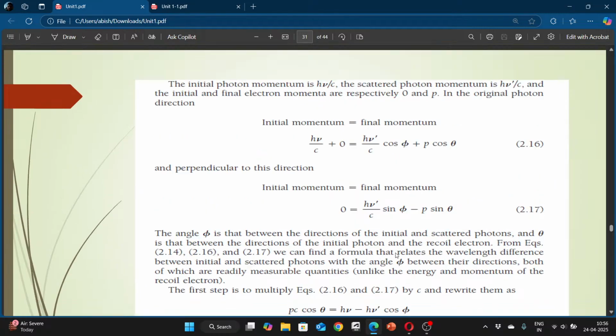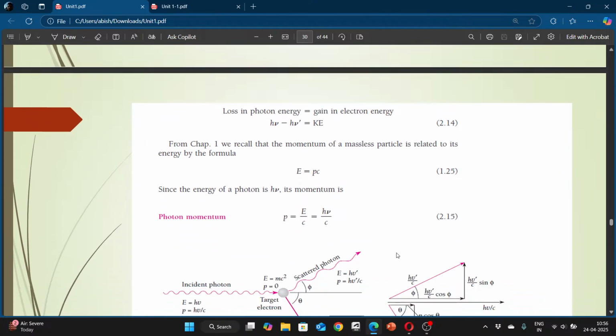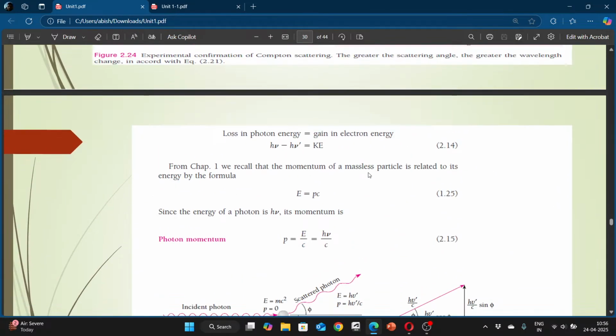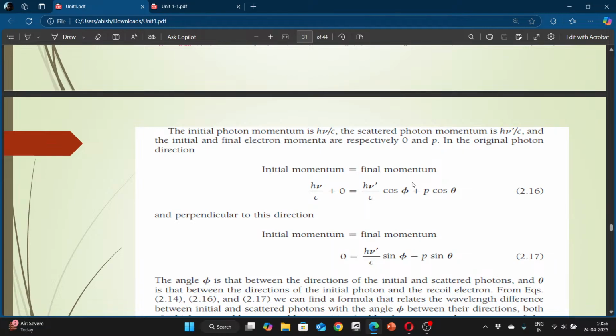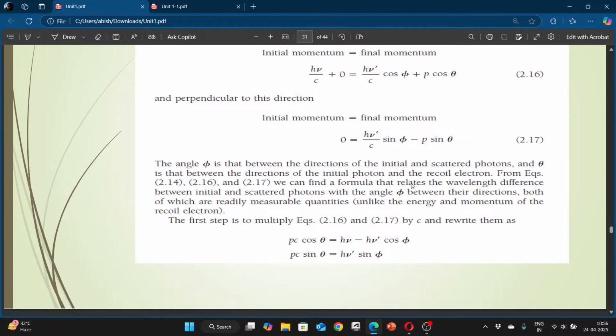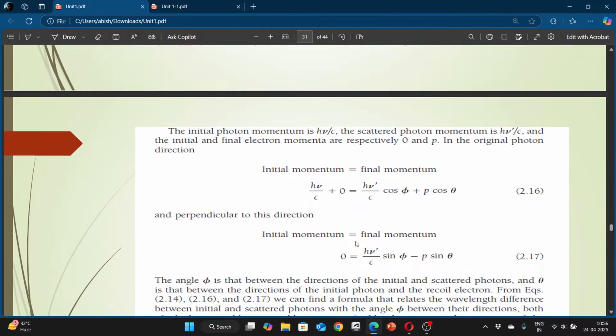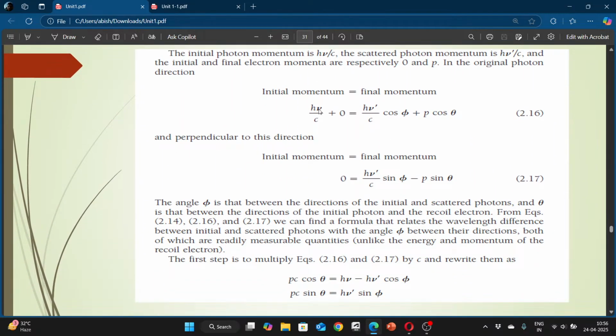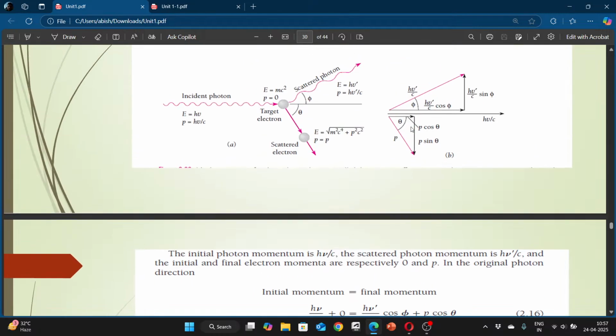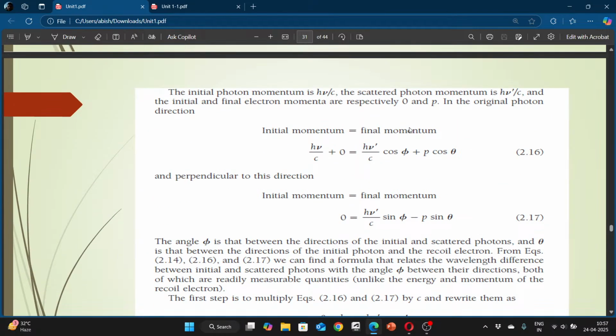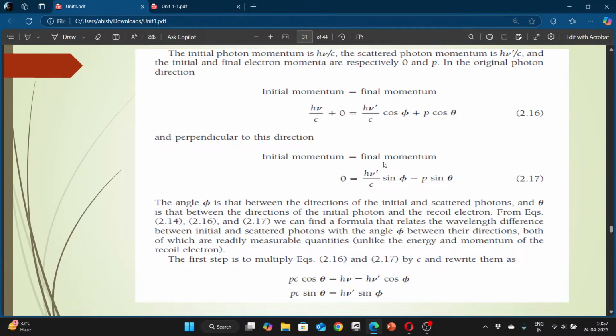From equations 2.14 and 2.16, we got pc cos theta equal to h mu minus h mu dash cos phi. Multiply by c here, so pc sin theta equal to h mu dash sin phi.